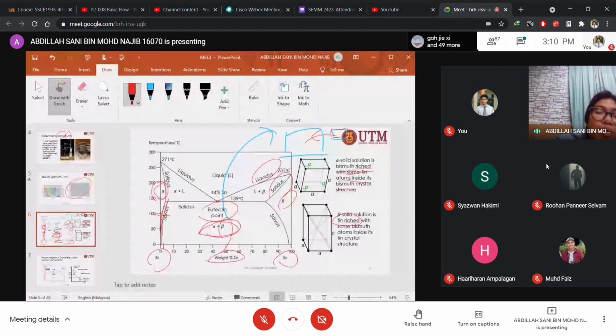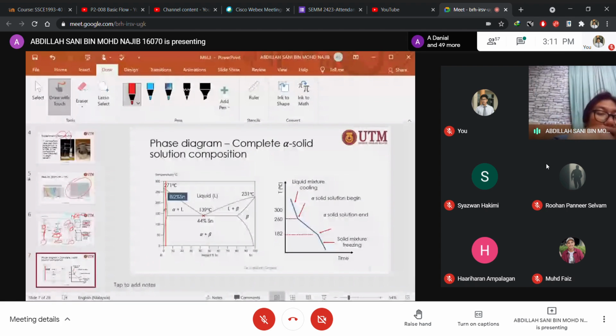You add more and more, you get more beta, until finally the beta will be the dominant one and it will be tin rich, and bismuth will dissolve in the tin. So that is what the eutectic phase diagram tells us.